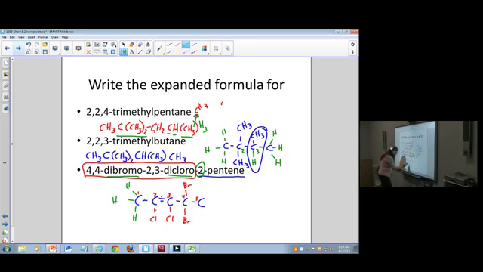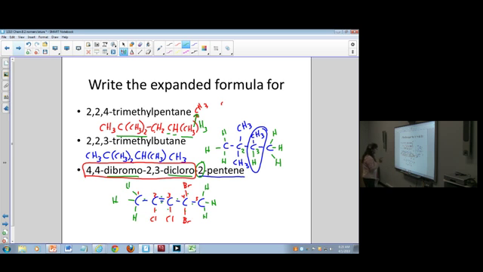Likewise, on carbon 3, I have 1, 2, 3, 4. That carbon is also already fulfilling the octet rule, so that's good. On this carbon, I have 1, 2, 3, 4. Already fulfills the octet rule. I'll leave that alone. And then I'll have to have some hydrogens down here at the end of the chain. So this would be your structure for 4,4-dibromo-2,3-dichloro-2-pentene.